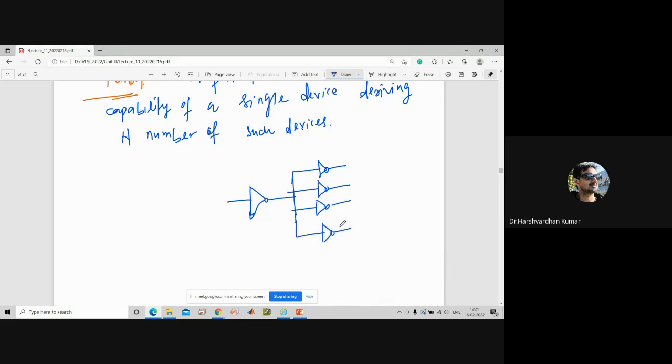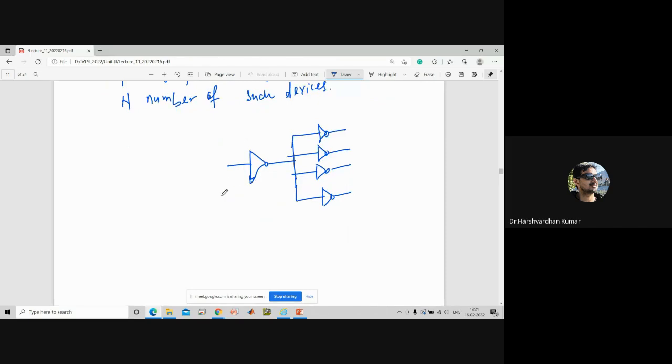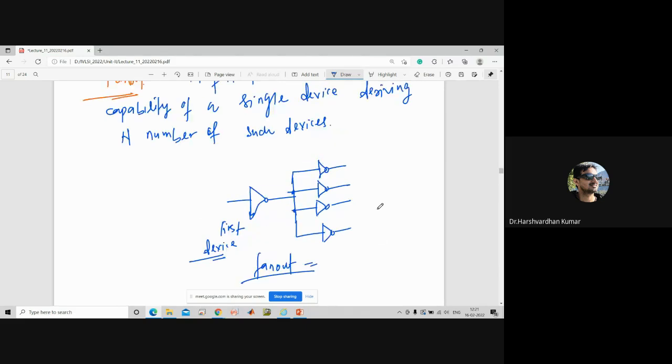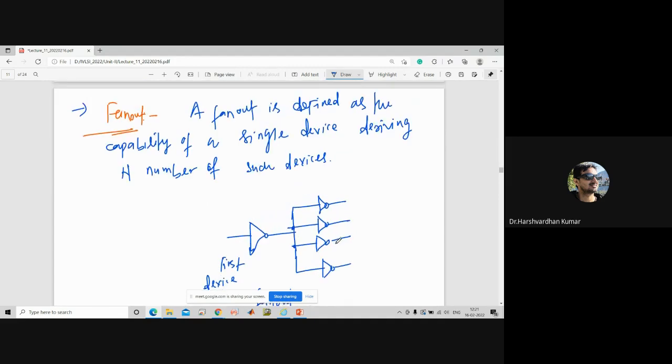Okay. So here, this is the first device. If I ask you to find out the fan out by observing this circuit diagram, what will be the fan out here? You just have to observe, according to the definition, how many devices are connected in the output of the first device.